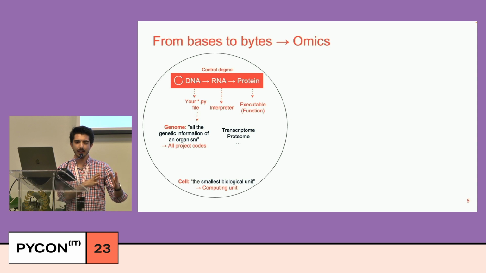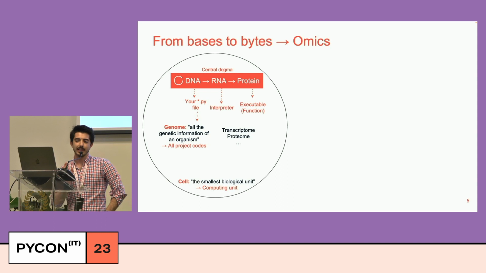This DNA is transcribed to RNA. You can think of the RNA as an intermediate molecule, like an interpreter. At the end, we translate the RNA to protein, and the protein does the actual job, so you can think of this as the executable. I hope this analogy helps you in a way.